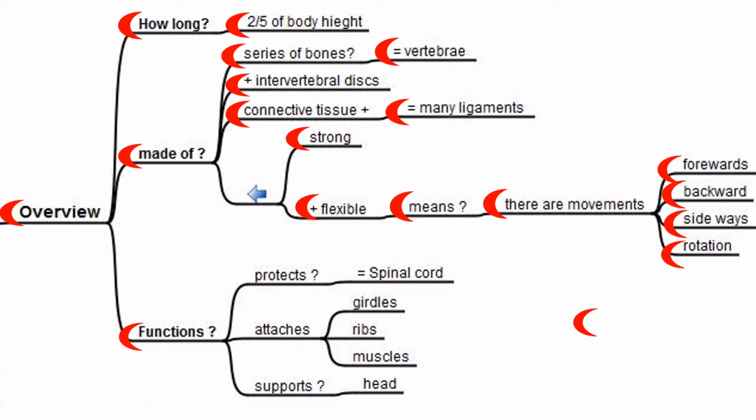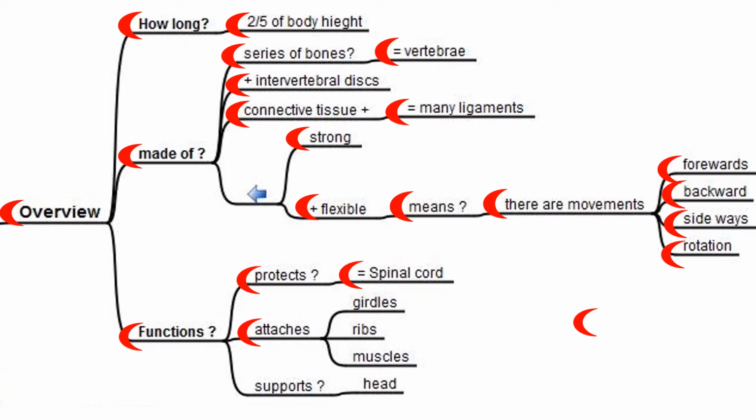Now, what is the function of the vertebral column? It protects structures like the spinal cord. What is the spinal cord? It is the part of the central nervous system present within the vertebral canal, and we are going to have an idea about the vertebral canal. It is also a site of attachment.